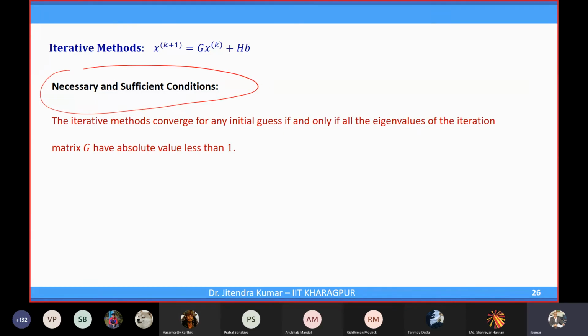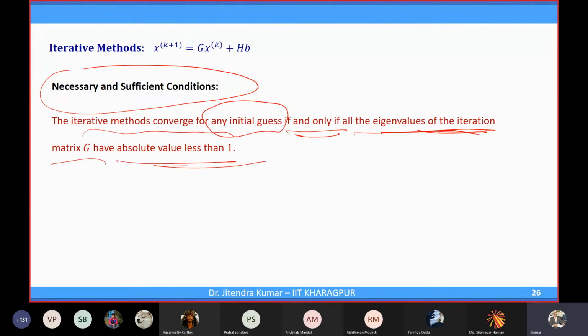Later on we will also come to some sufficient conditions, but this is the most important one. If you can check this, everything is clear. The condition is: the iterative method converges for any initial guess if and only if all the eigenvalues of the iteration matrix G have absolute value less than 1.